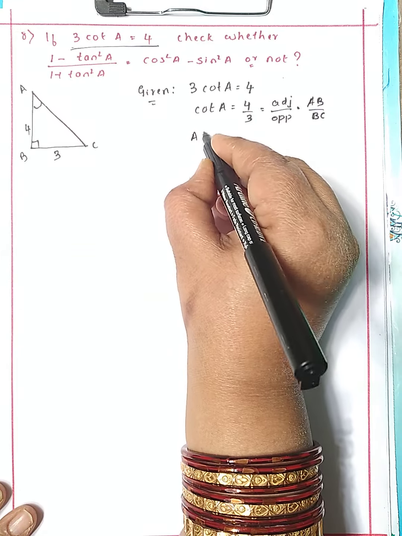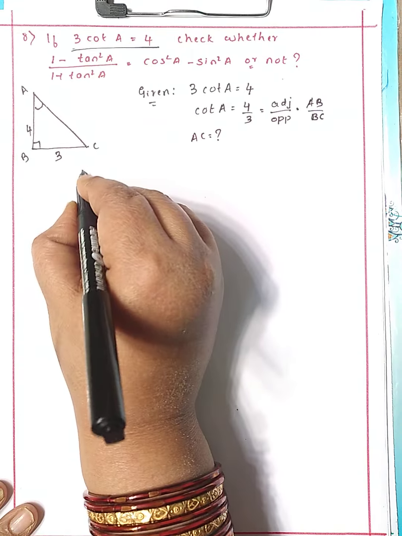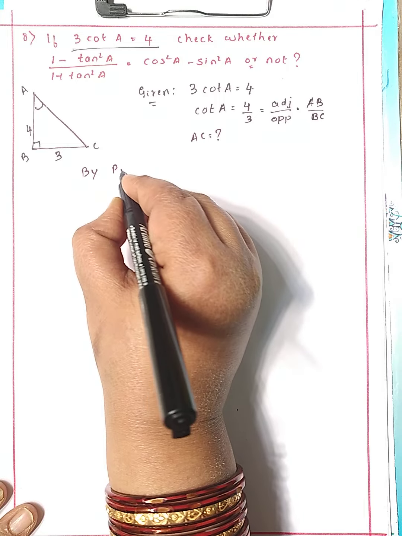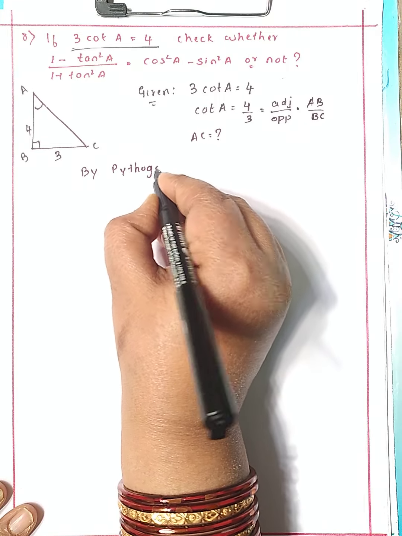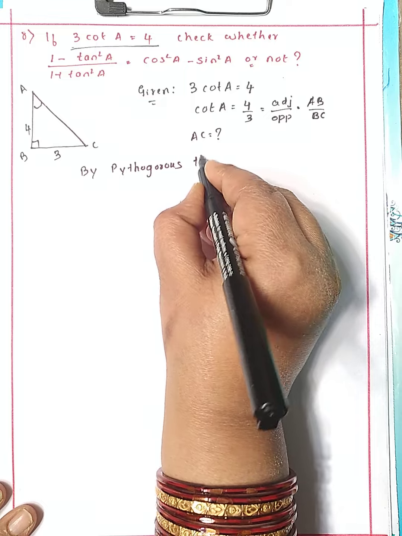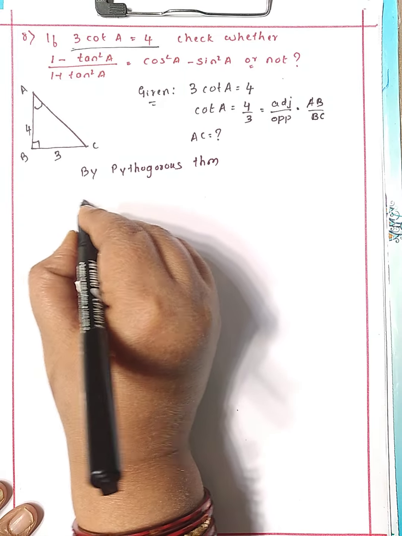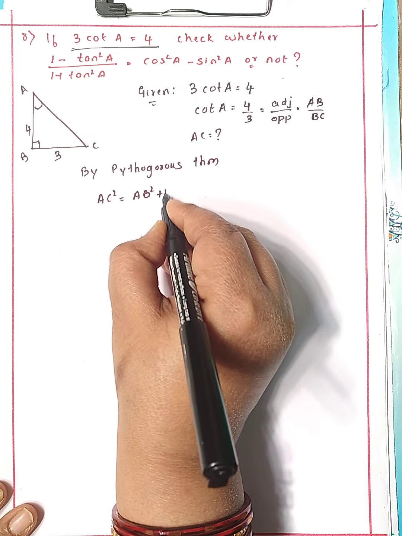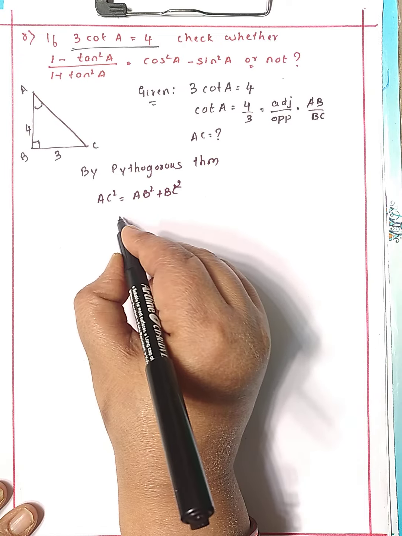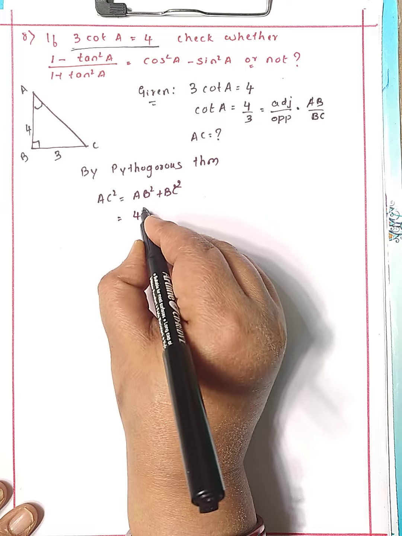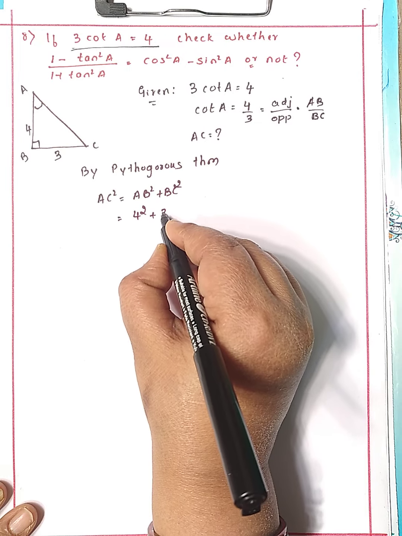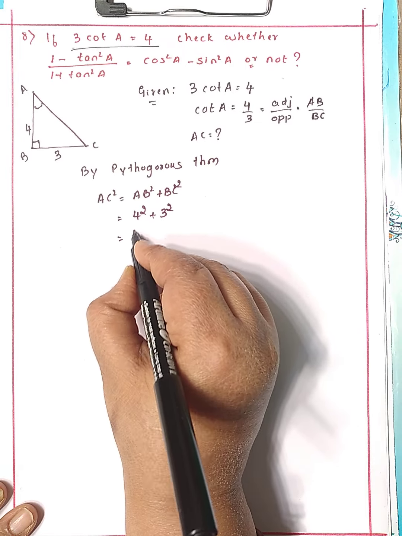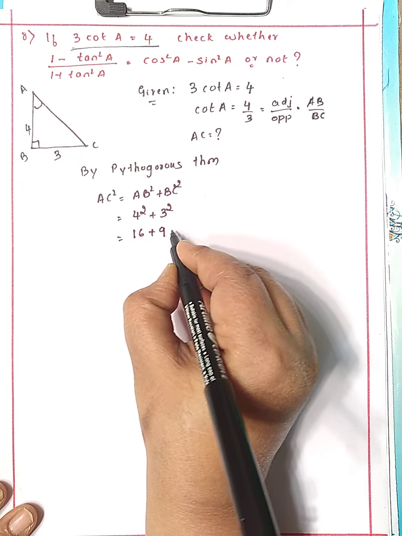We have to find out AC. Again, by Pythagoras theorem, AC square equal to AB square plus BC square. AB is 4 and BC is 3. 4 4s are 16 and this 9.